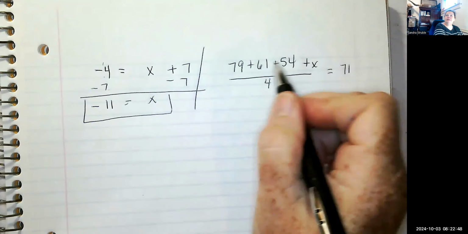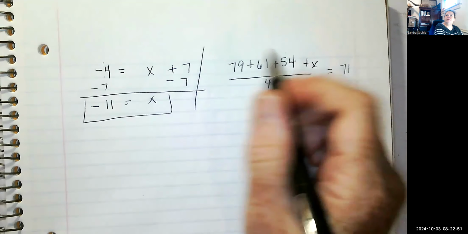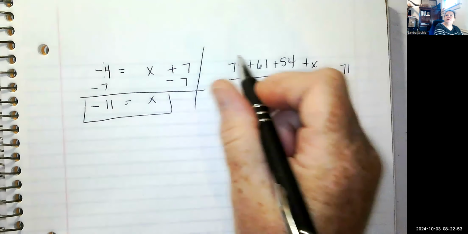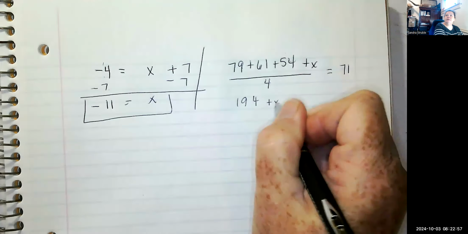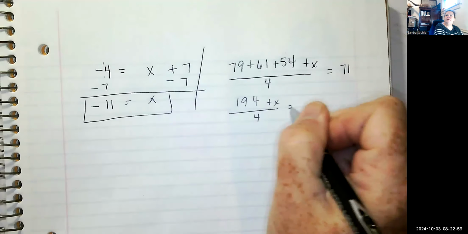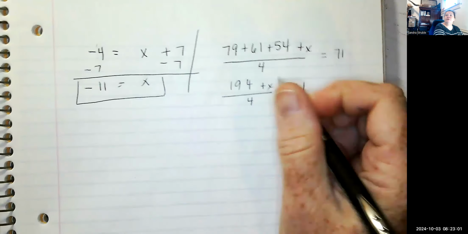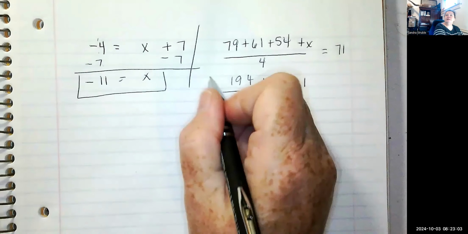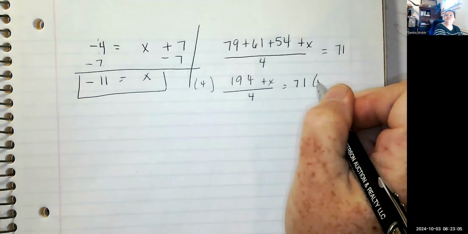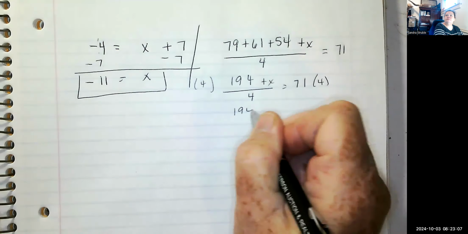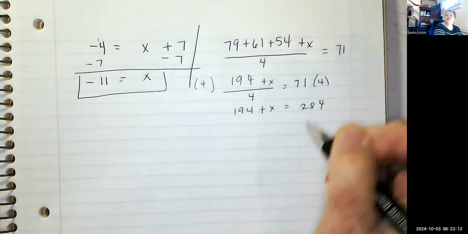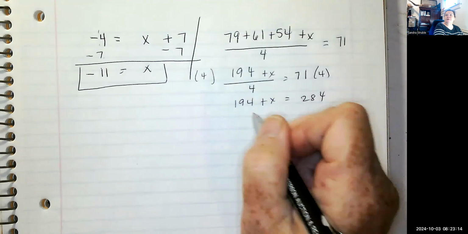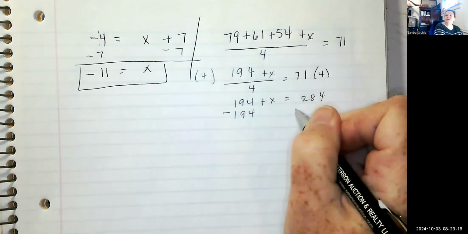So I'm going to add up these 3. Plus X divided by 4. Okay, now I'm going to get rid of the fraction, get rid of the 4. I'm going to multiply both sides by 4. Okay, now I'm going to subtract 194 from both sides.